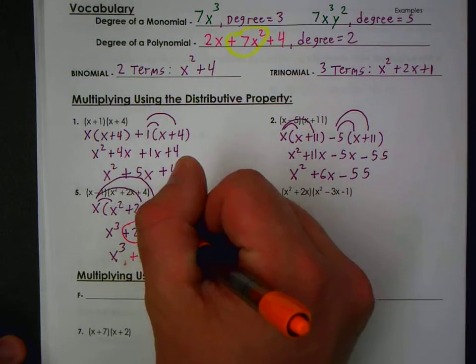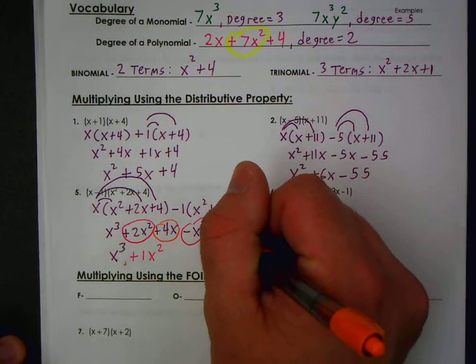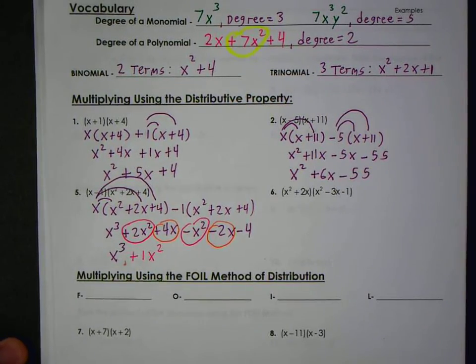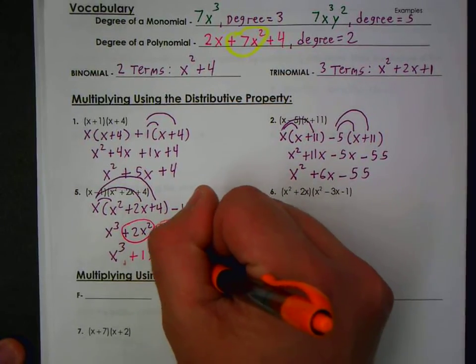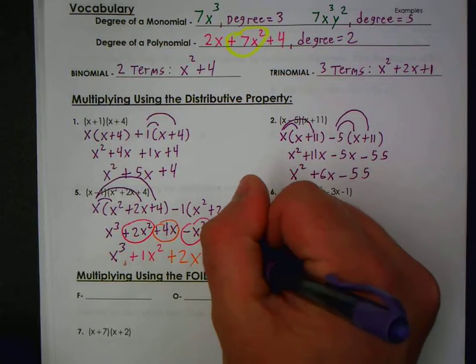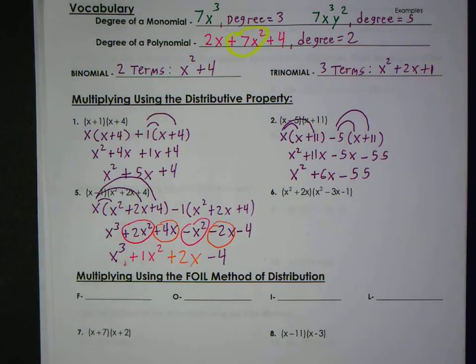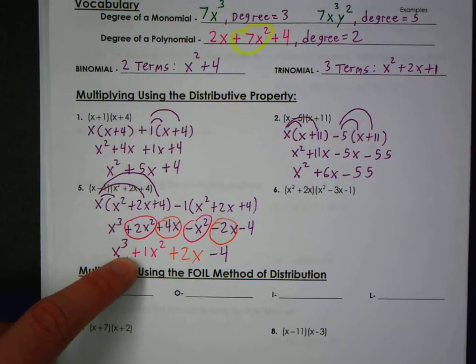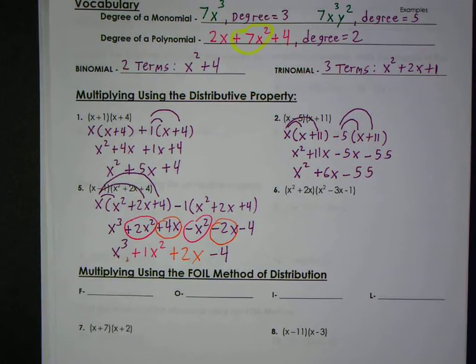And then I have a 4x, minus 2x. Those are like terms. 4x minus 2x is 2x. And then I have my minus 4. So I would call this a polynomial of 4 terms, and it's a cubic. Questions so far?